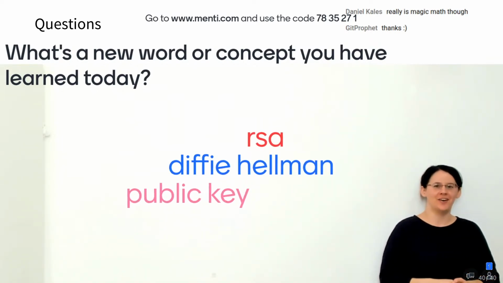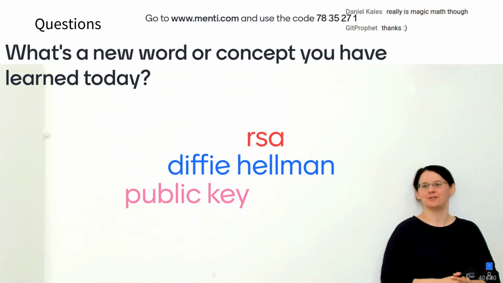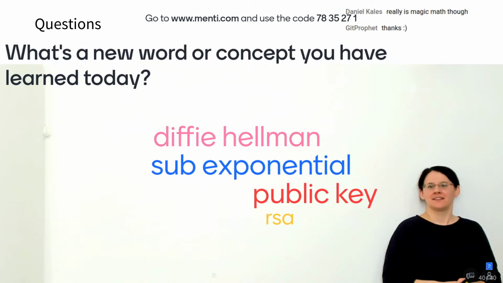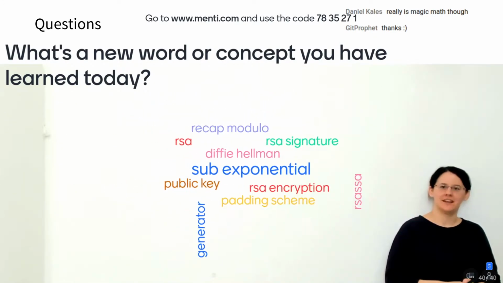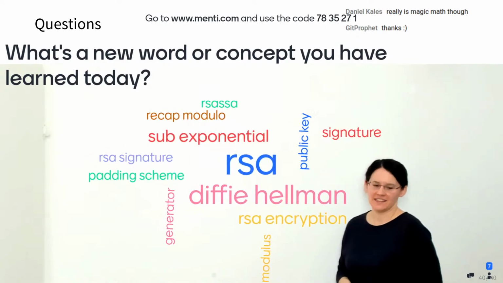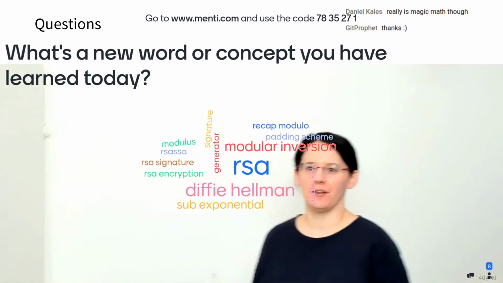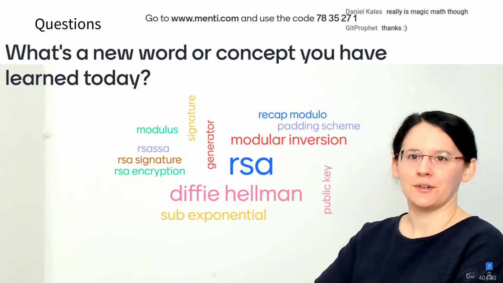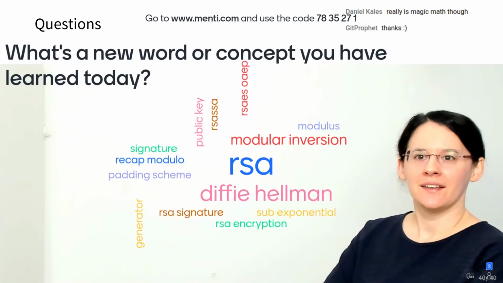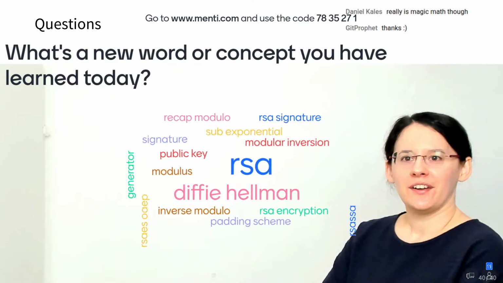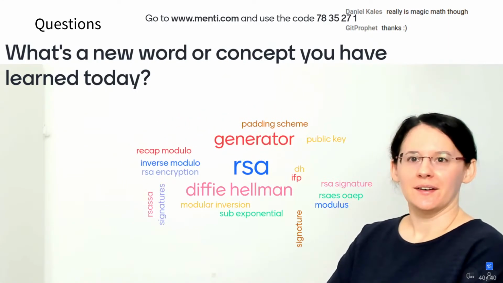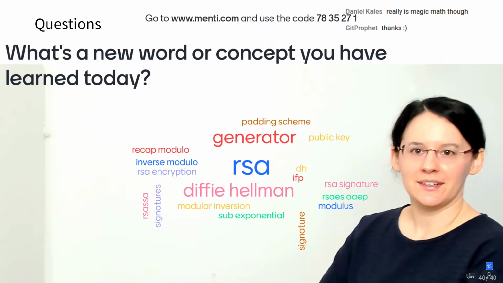Looks here like you're all a bit reluctant today, but here are the first few answers. Some of you found the actual schemes we saw new. Some of you were fascinated by the concept of there being something between exponential and polynomial. The modular arithmetic recap was at least new to some of you.